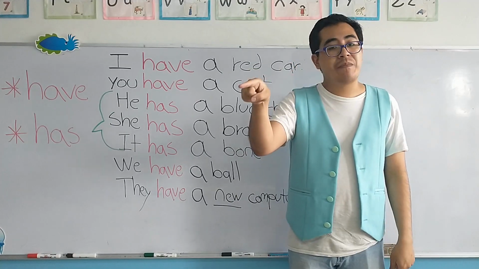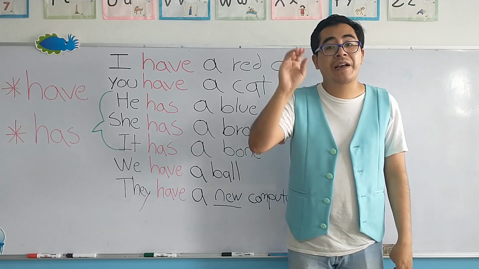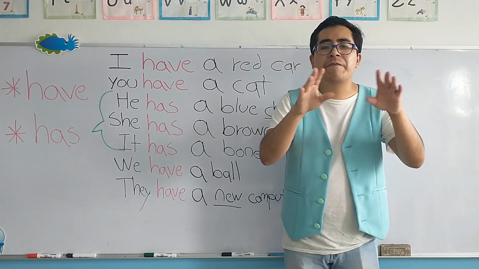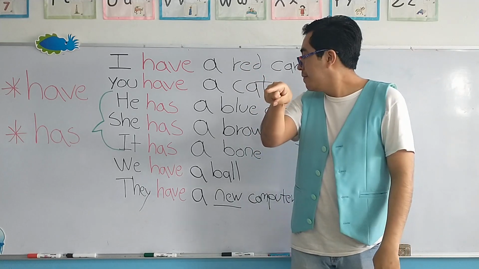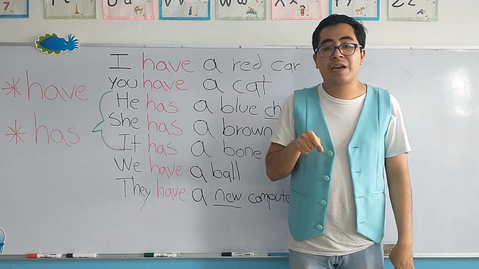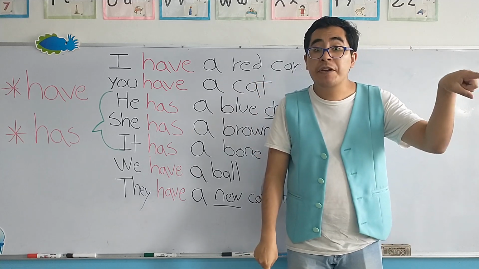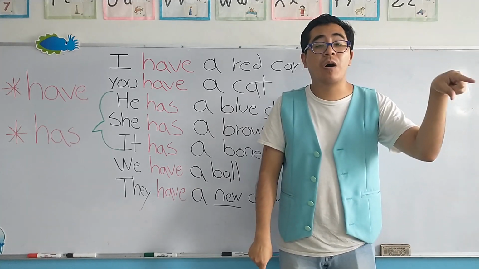He has, remember he for boy, y a partir de aquí vamos a cambiar have por has. Significa lo mismo, have y has, tener. He has a blue chair. Él tiene una silla azul. She, for girl, she has a brown dog.